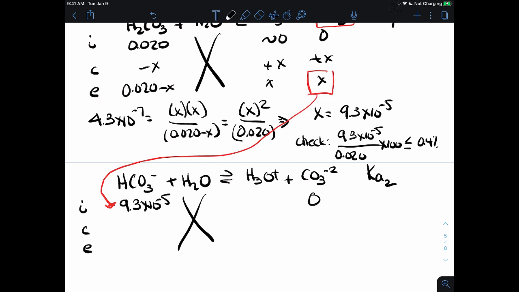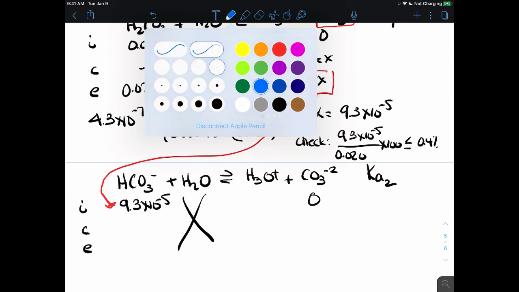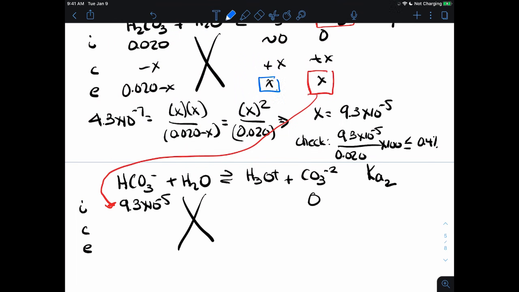The concentration of H3O+ at the start, it's not about 0 here, because at this point I have H3O+ from water, which we're going to ignore, but I also have H3O+ from the previous reaction. So this is going to be 9.3 times 10 to the negative 5 also. I still don't have any carbonate present, so this reaction must go forward to make carbonate. So we're going to go down.